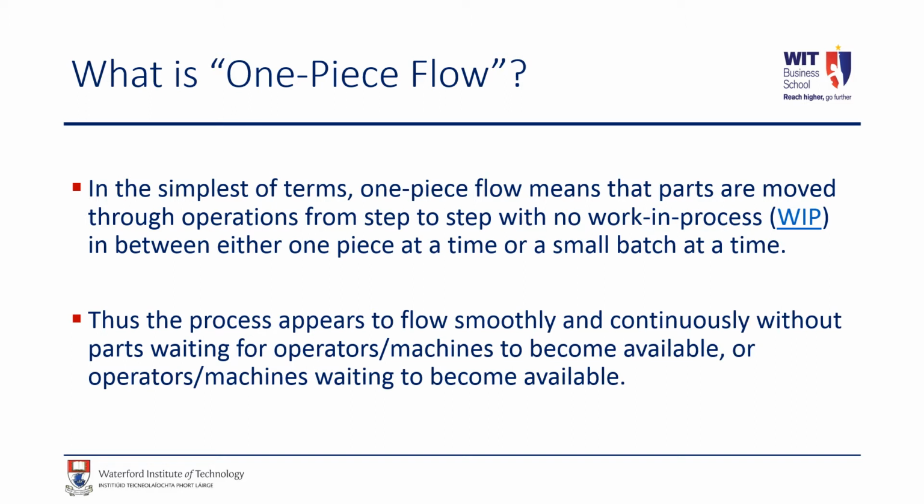So in simplest terms, one-piece flow means that parts are moved through operations from step to step with no work in process in between, either one piece at a time or a small batch at a time. The whole concept of one-piece flow is that as soon as one particular process step is finished working on that part or that work in process, it automatically moves to the next step in the process without any waiting time.